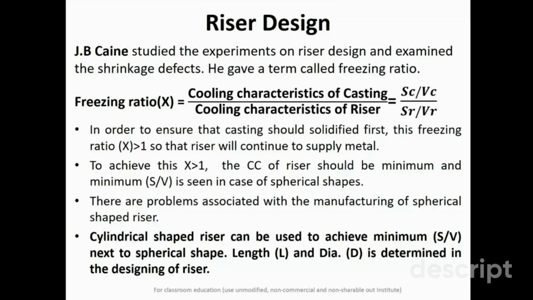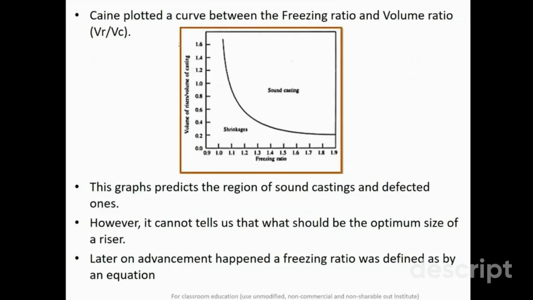In the case of a cylindrical riser, the length and diameter D are determined in the design of the riser. He plotted a curve between the freezing ratio and the volume ratio. On the x-axis he considered the freezing ratio, and on the y-axis the volume ratio, which is the volume of the riser divided by the volume of the casting.